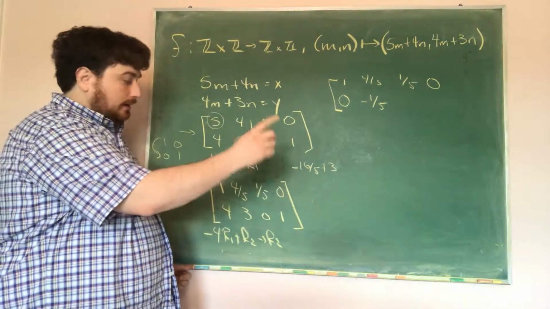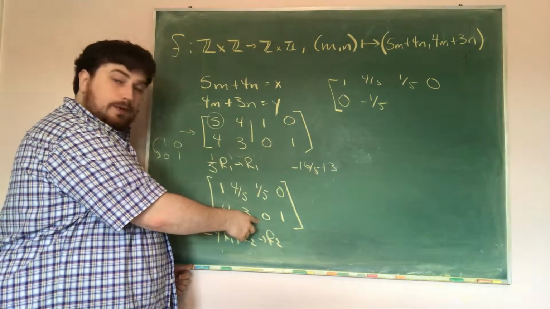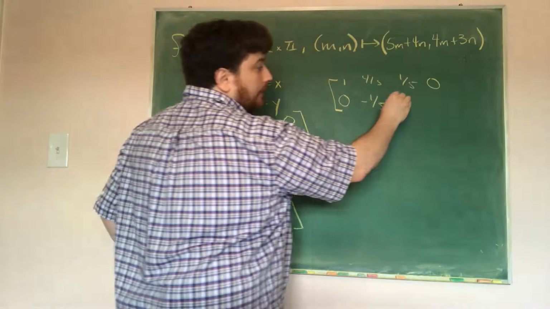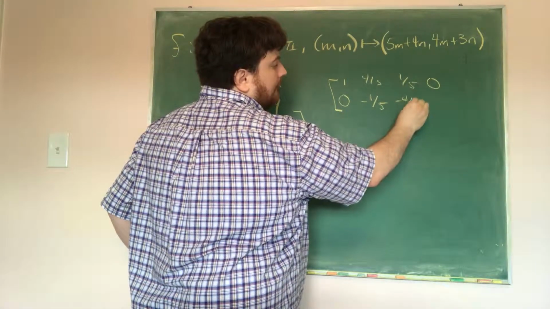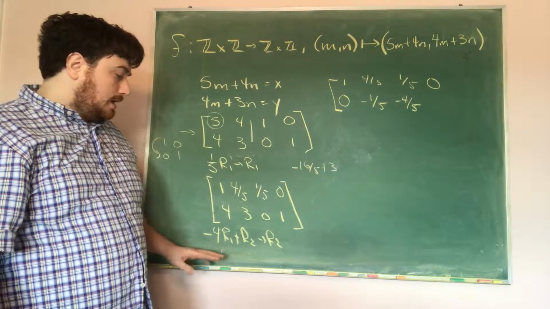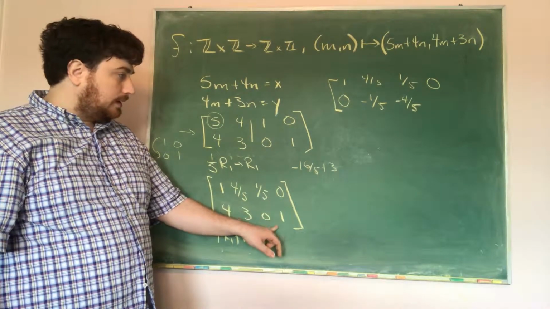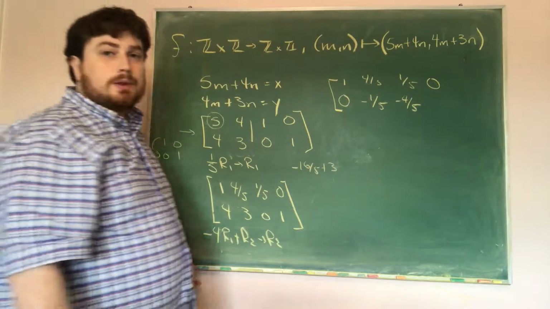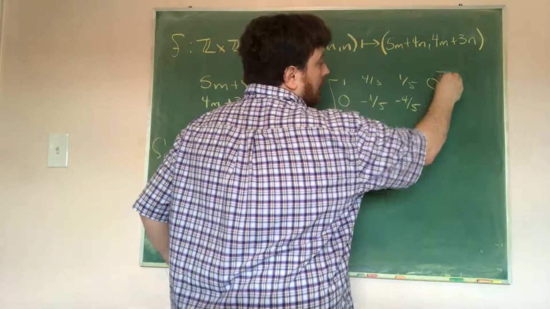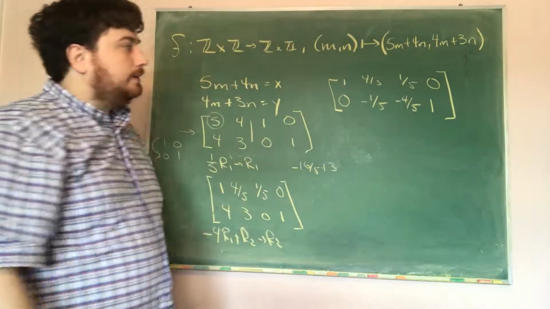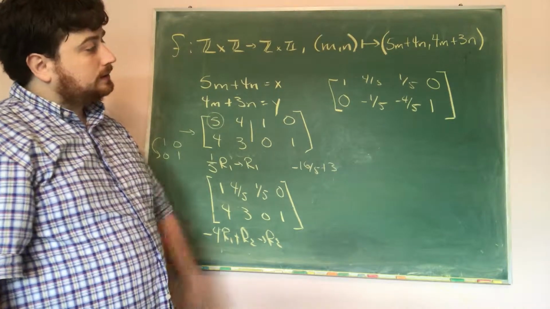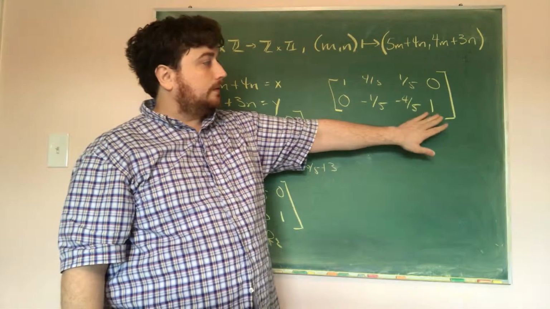Then I'm going to take, again, -4 times 1/5 plus 0, which is -4/5. And then I'm going to take -4 times 0 and add that to 1. So 0 plus 1 is just 1. So I'm left with my new matrix, 1, 4/5, 1/5, 0, 0, -1/5, -4/5, 1.